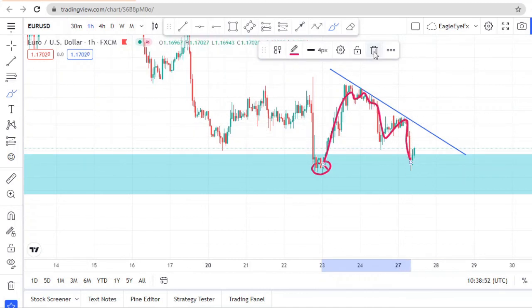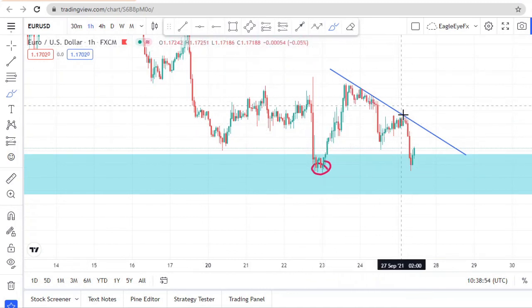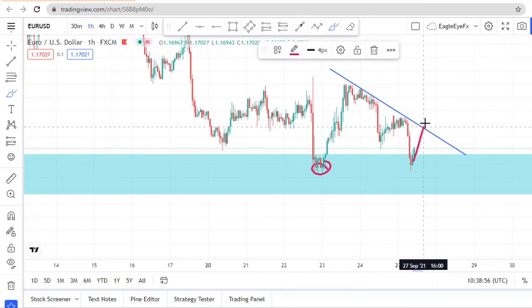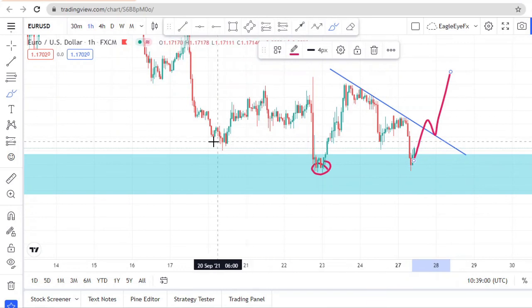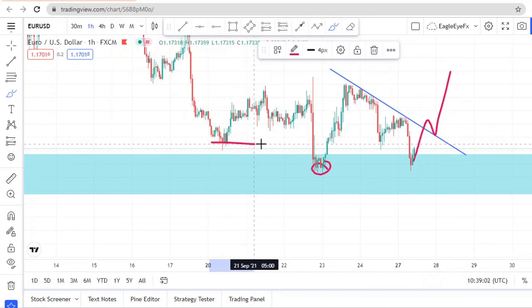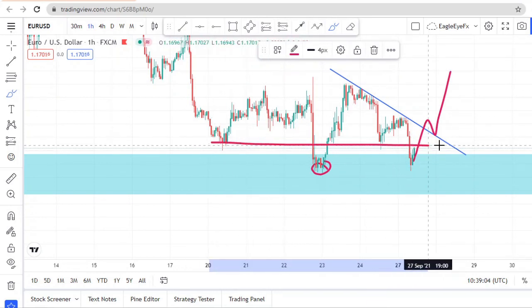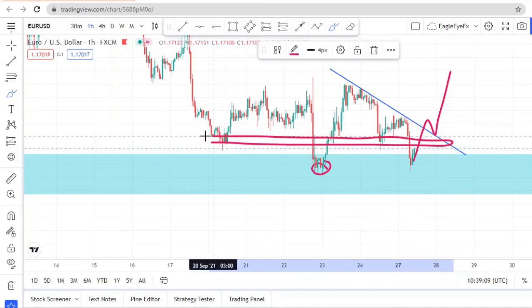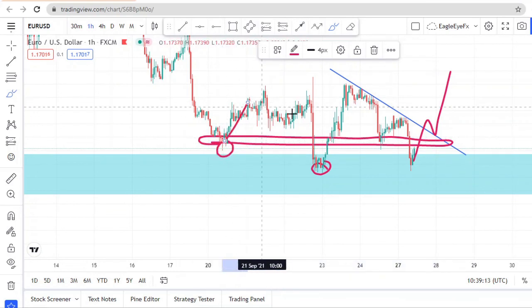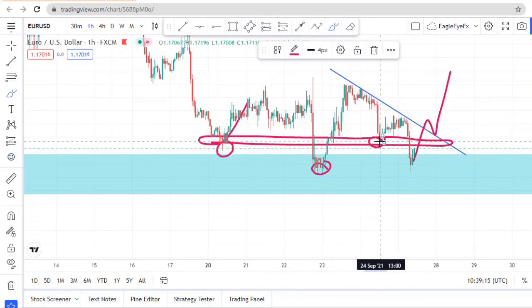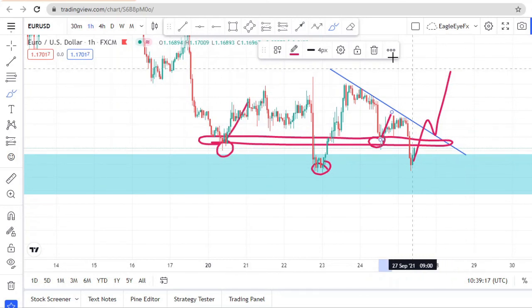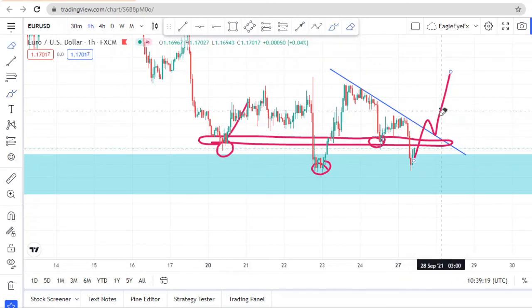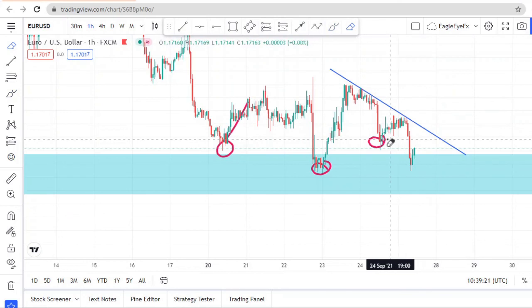So if you want more confirmation on buys, you can wait for this market to break, maybe do some retest before you go buy, because if you look keenly, you can see some level of zone here: the market found strength to move up, then here it has found strength to move up.